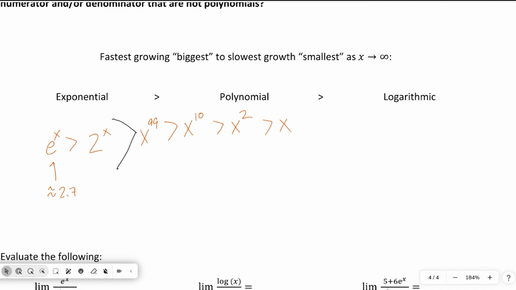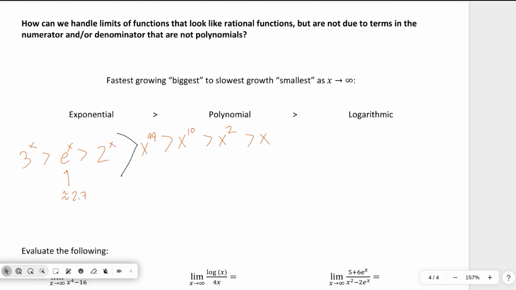Just so you know, that is bigger than 2 and smaller than 3. And you can have 10 to the x. So if you're trying to determine what's growing the fastest, what is going to have the biggest impact on the long behavior, it's those exponential functions.